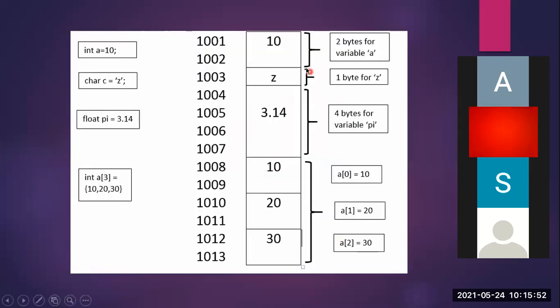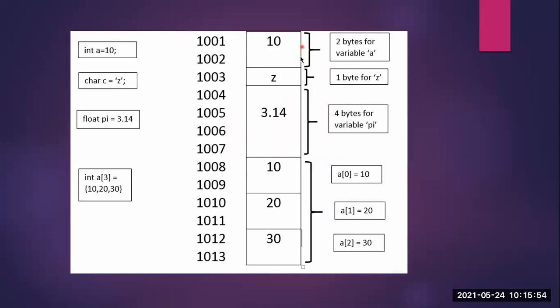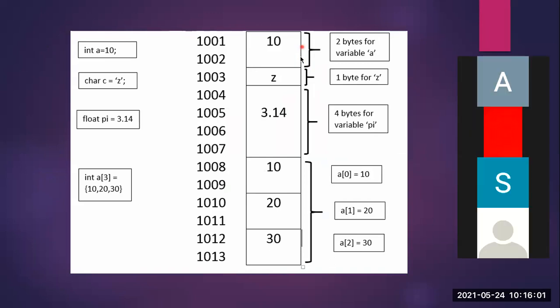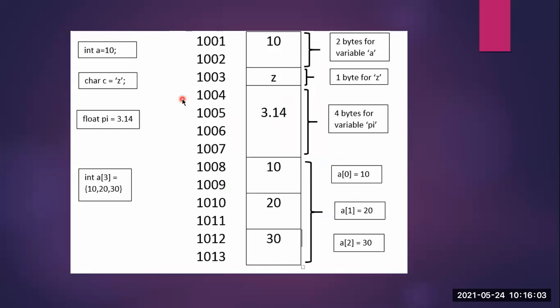Now, have a look here. We'll proceed one by one. I have declared certain variables here on my left hand side. Just have a look first at the declaration. I have declared a variable of type integer, a, initialized to the value 10.